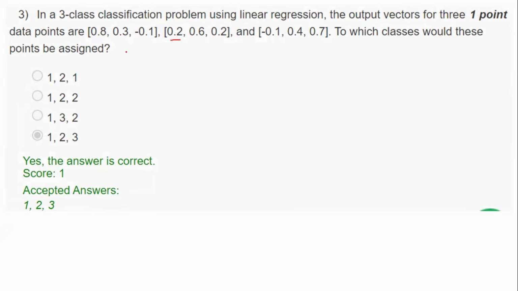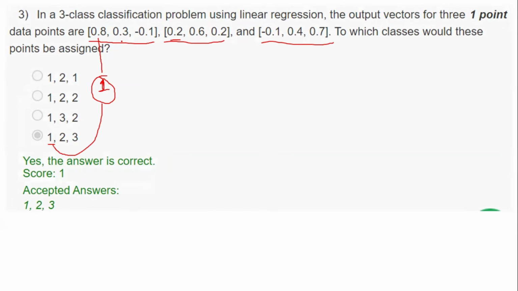In these questions, you find that there are three output vectors: this is vector number 1, this is vector number 2, this is vector number 3. Now, how will you answer this question? In the first vector, the largest element is 0.8, which means the largest number is present in position 1.